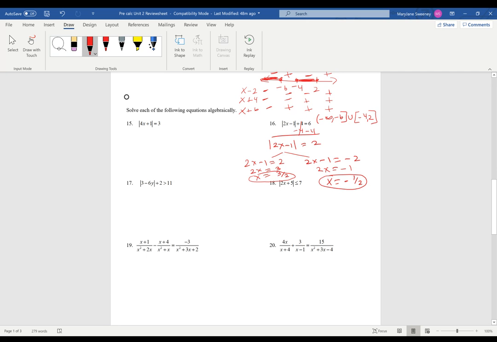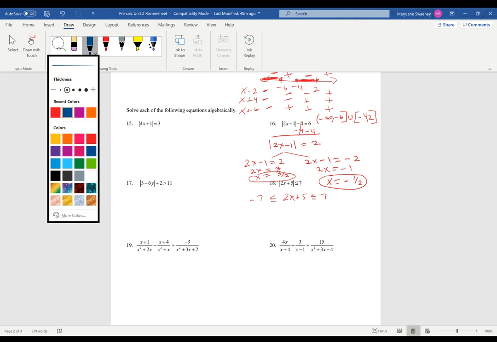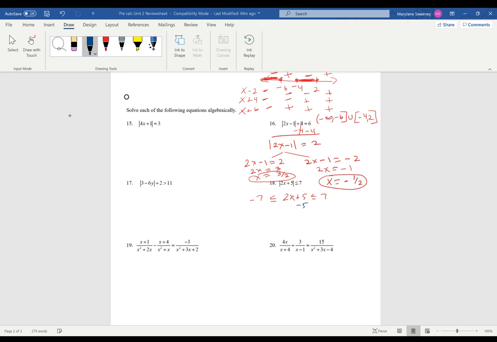Now with an inequality, remember less than or equal to, like we have here, is the one that you sandwich in the middle of the negative 7 and 7. And then you are simultaneously solving two inequalities at the same time. So minus 5, minus 5.